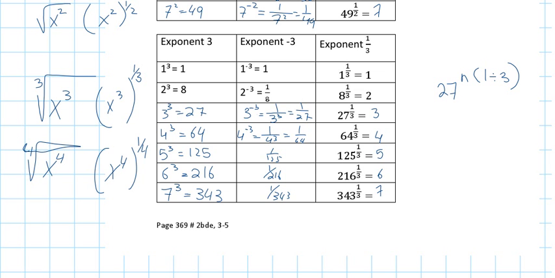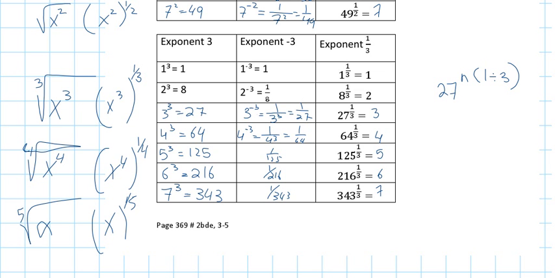Yes? If you have anything, let's say if you have the power of 1 over 5, how can you write that in radical? How can you write it as a root? What root would it be? So if you have x and then power of 1 over 5, if I want to write it as a root, what would it be? 5, the 5th root.